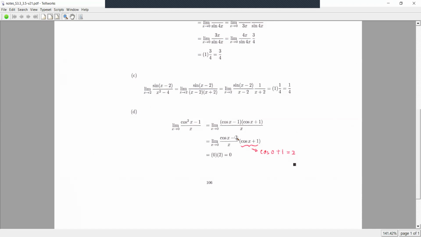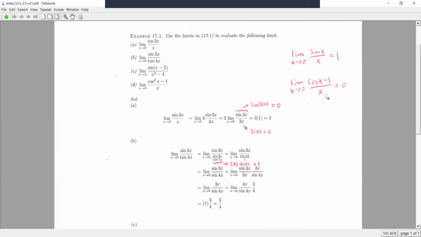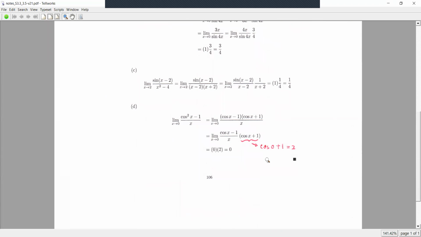Cosine x minus 1 over x, this fraction approaches 0 according to the second limit here. So this limit is 0 times 2. It is 0. So this limit is 0.